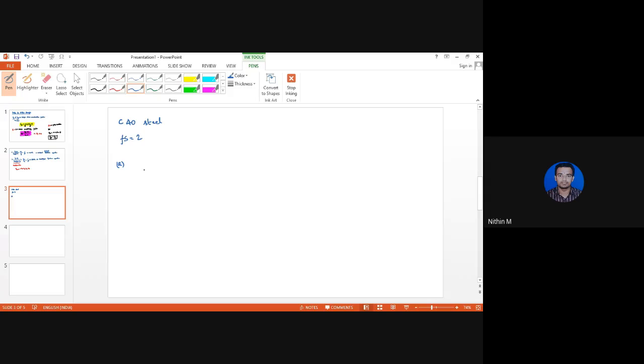Case A, P varies from 10 kilonewton to 20 kilonewton.